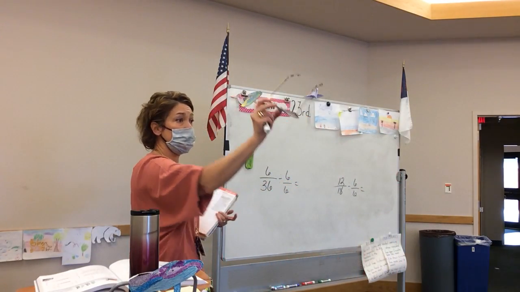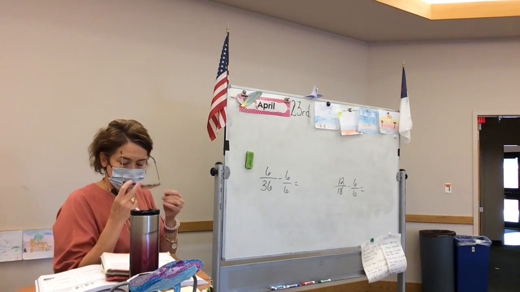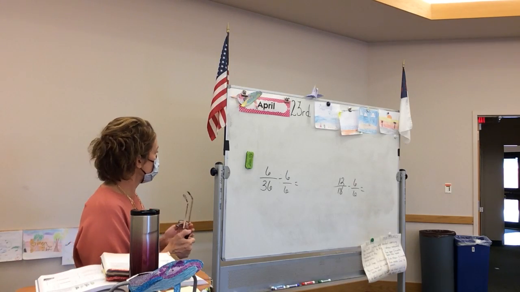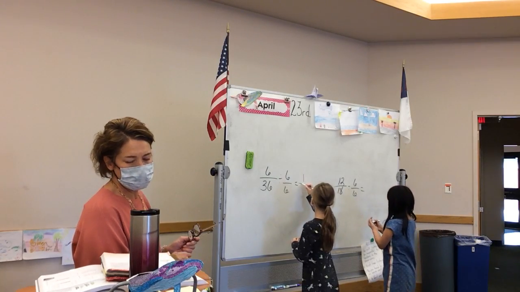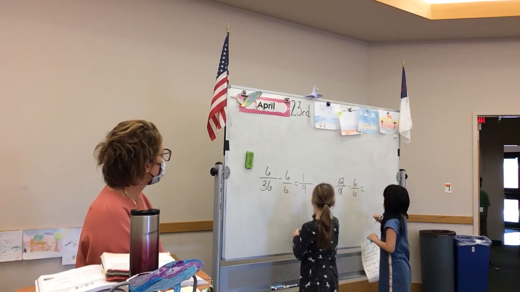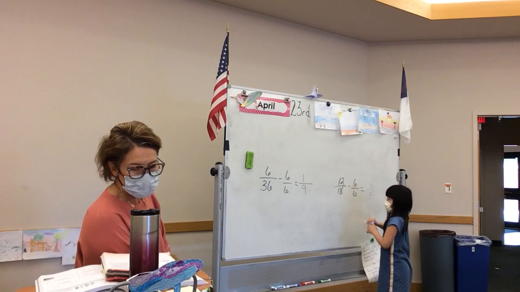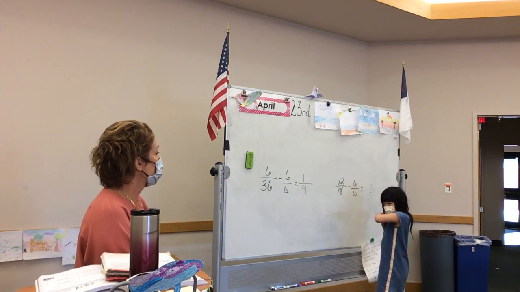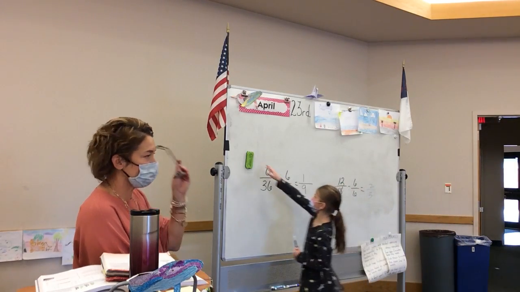All right, Winsheen and Caroline. Hold on. 36 divided by 6 is what? That is correct, Winsheen.